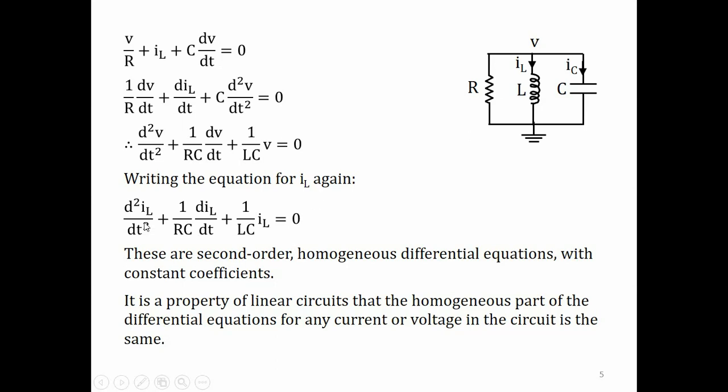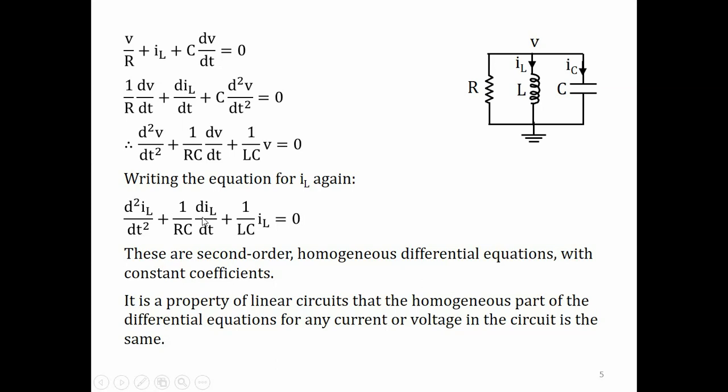Before that, these are both second order differential equations, because the highest derivative in these equations is a second derivative. They are called homogeneous because the right hand side is 0, and they are called differential equations with constant coefficients because the coefficients of the IL, dIL dt and d2IL dt squared terms are constants.